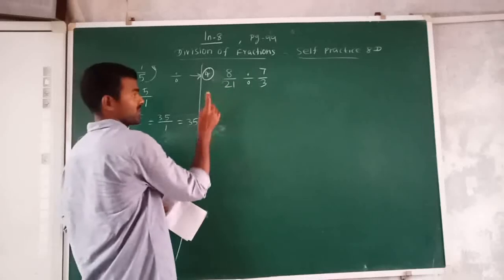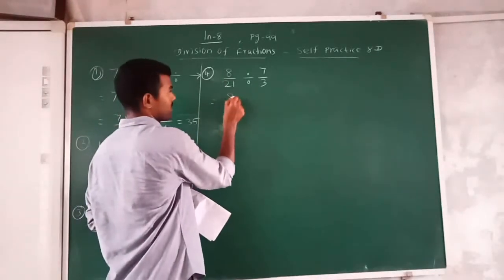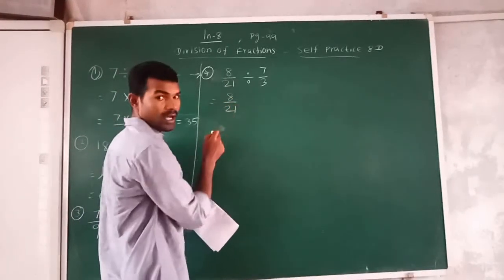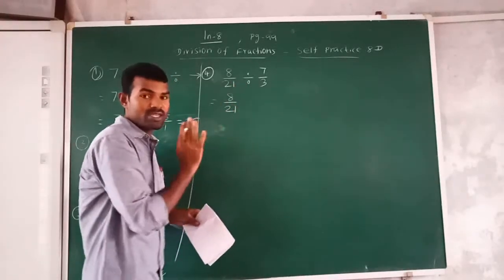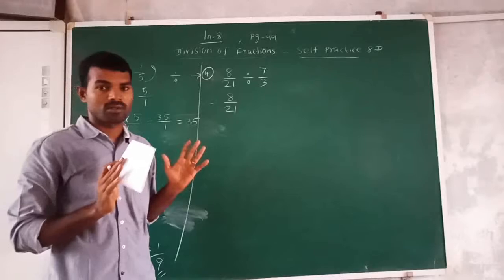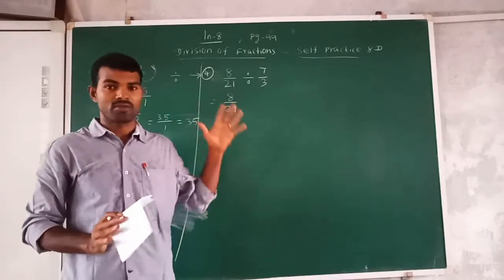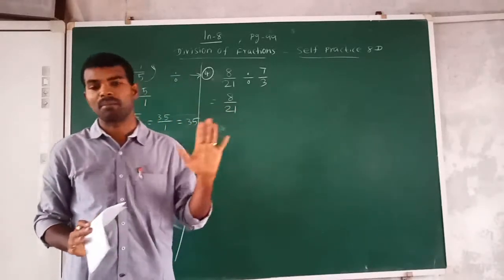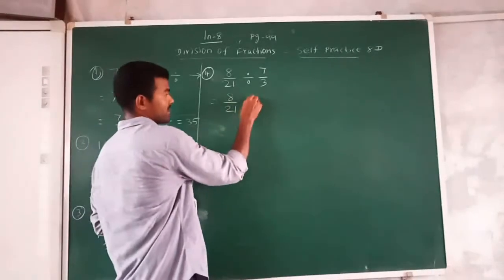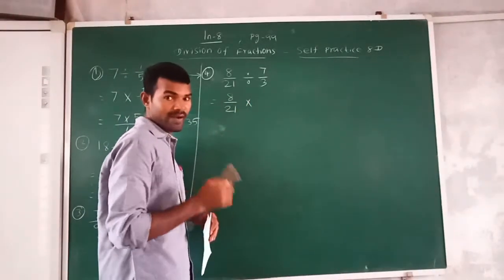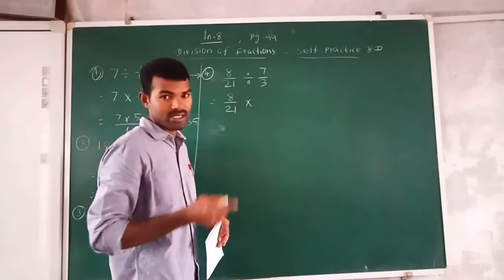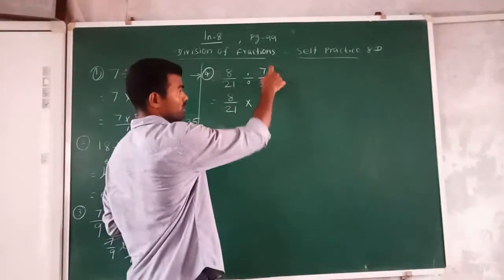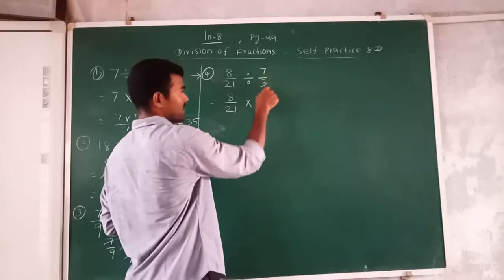First fraction, write 8 by 21. Next, change the division symbol into multiplication. Then change the numerator and denominator: 3 goes up and 7 comes down.